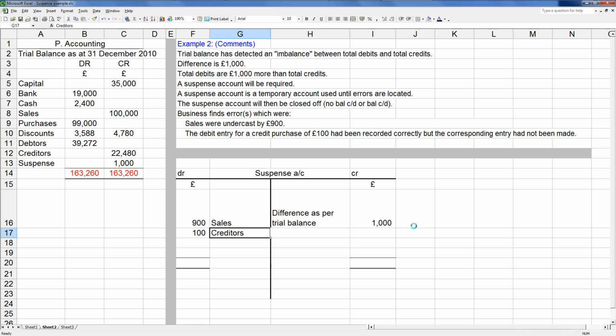Lastly, the suspense account will be closed off. You should never come across a situation, if you've made a mistake, where you balance off the suspense account with a balancing figure. Both sides should be equal once you've finished. So when you're adding up the totals, in this one it's straightforward, you can see that £1,000 is the total for both. So if it balances, you're confident you've got it correct.